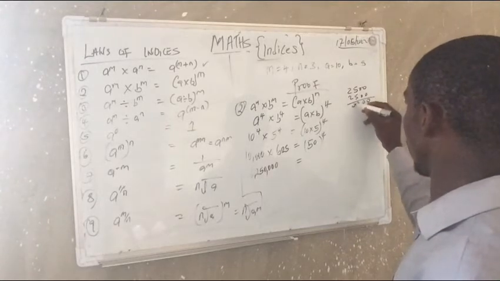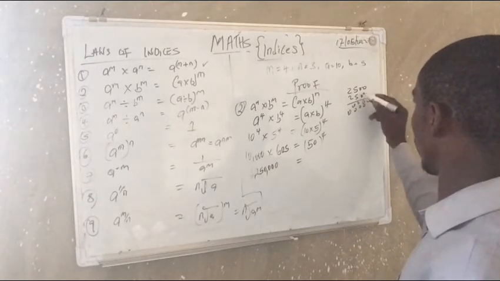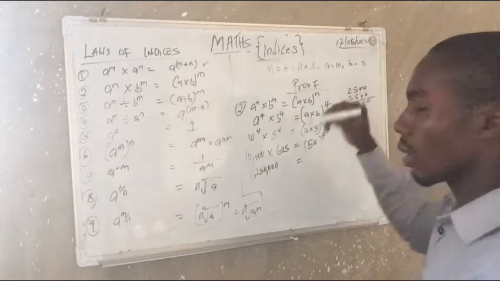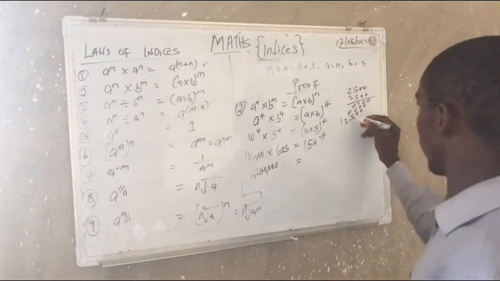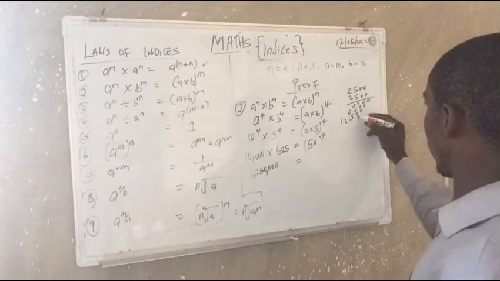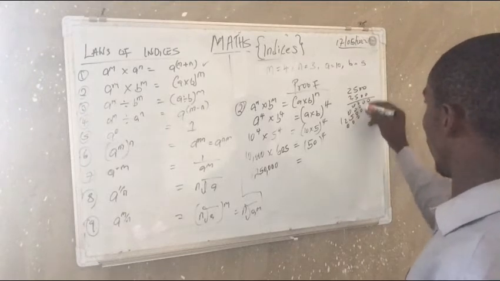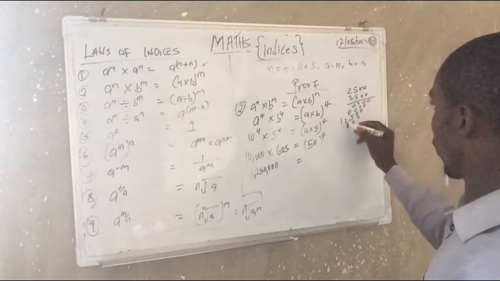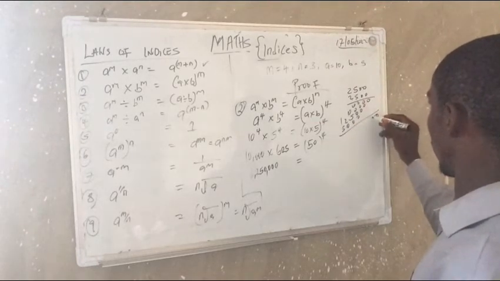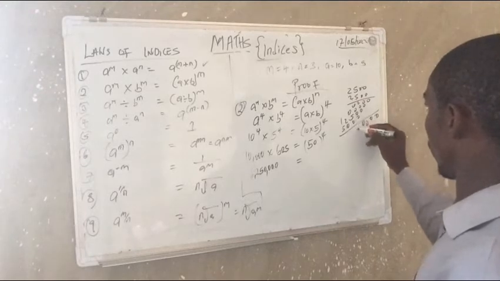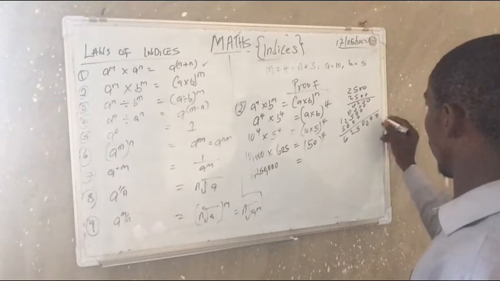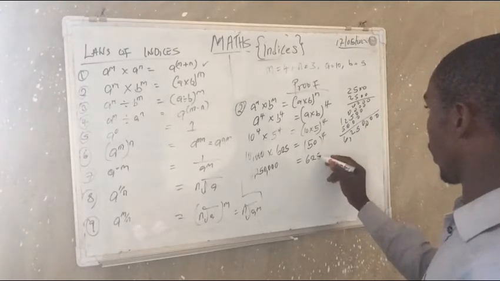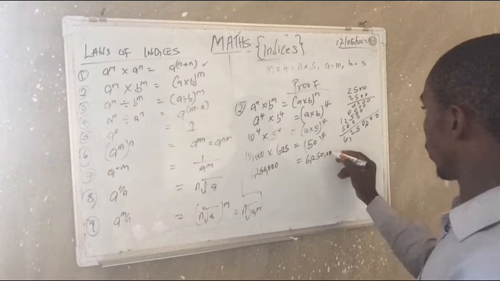This is 25, write 5 carry 2. 10 plus 2 is 12, and 2 plus 2 is 4, and so on. So it gives us 6,250,000.